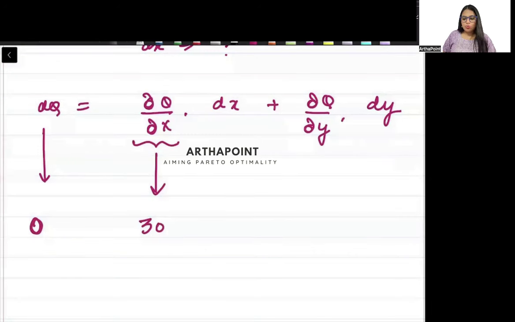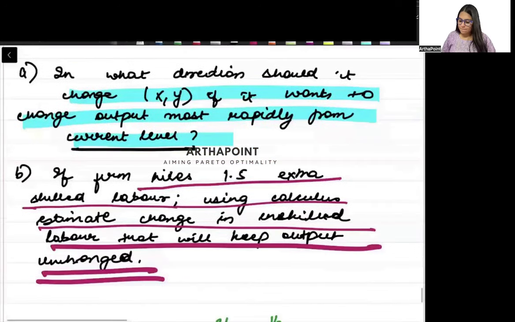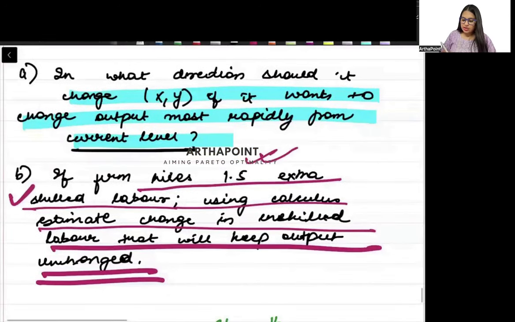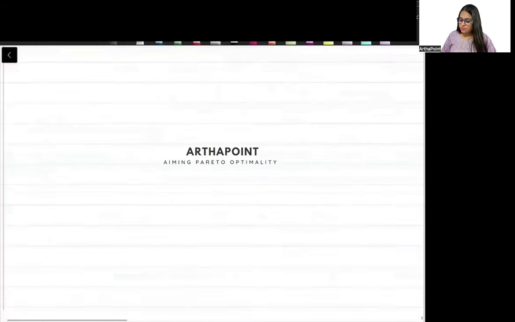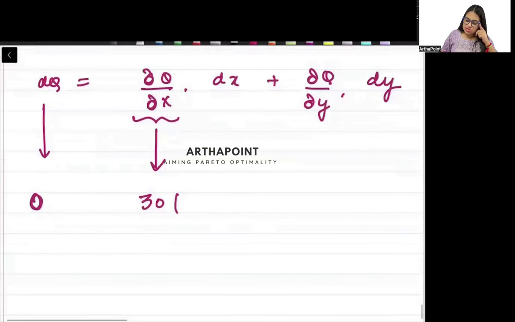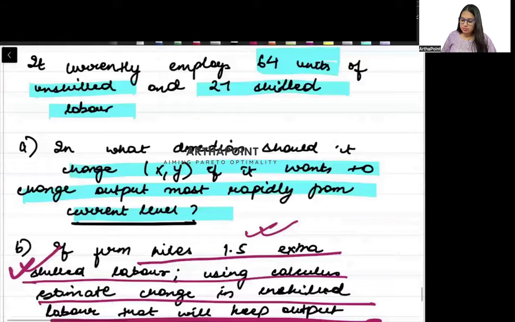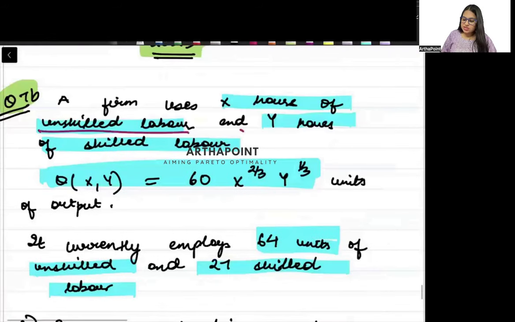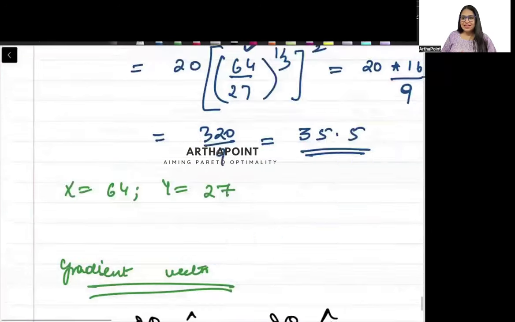And extra skilled labor, yes, it should be y, extra skilled labor. So this is dx. X is representing the unskilled labor, beta. X hours of unskilled labor, Y hours of skilled labor. We have added extra skilled labor, meaning we have added extra Y.